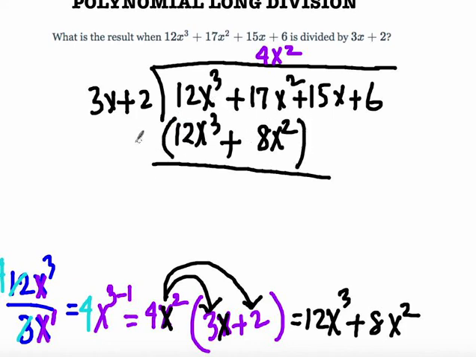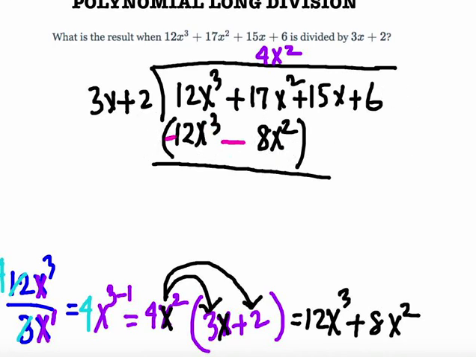That means we need to multiply it by negative 1. Once we multiply this by negative 1, the sign changes. This positive 12 becomes negative, and this positive 8x squared, once we multiply it by negative 1, becomes negative. Now once the sign changes, we don't need this anymore, so we can cancel it out, and this is what we have.